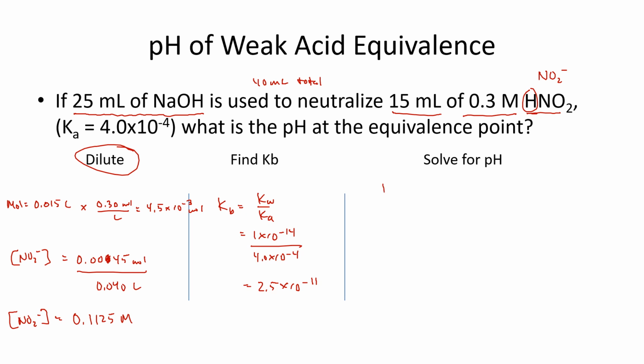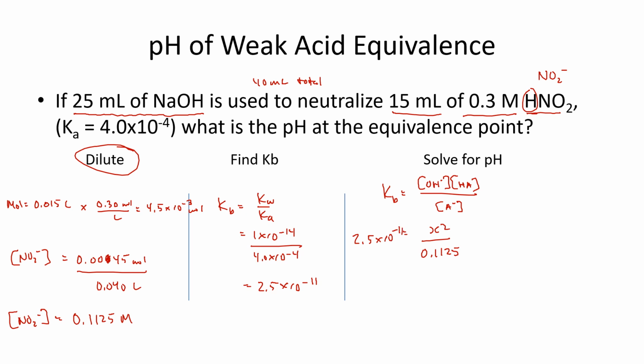So then the final thing is to work out the pH, and we can use the same relationship that we always did. So remember, Kb is the concentration of hydroxide times the concentration of the acid all over the concentration of the base that we're starting with. So this is going to be x squared all over the concentration of the base, which is 0.1125, and equals our Kb, which is 2.5 times 10 to the negative 11.